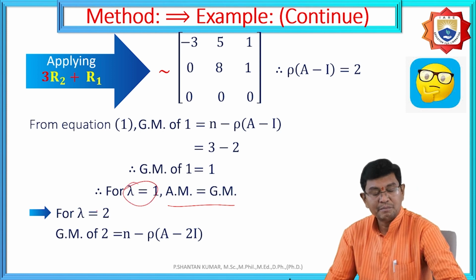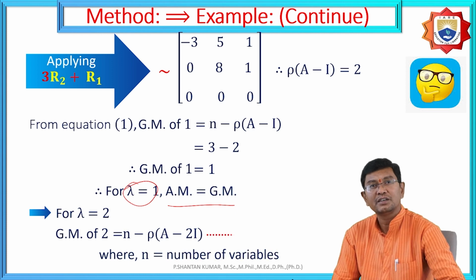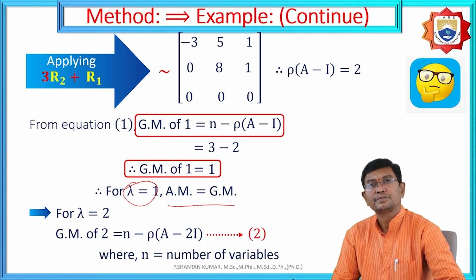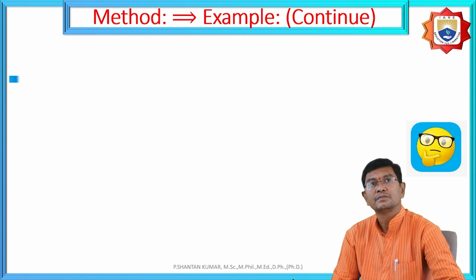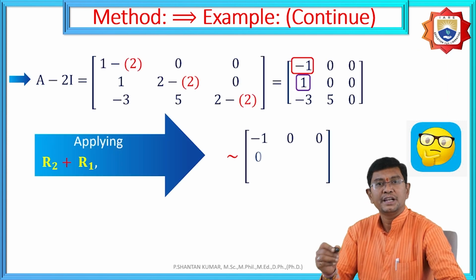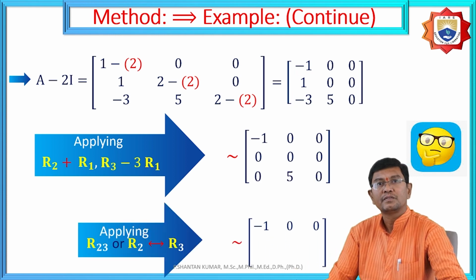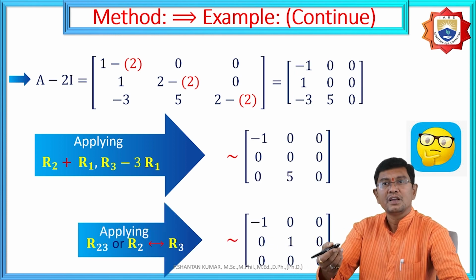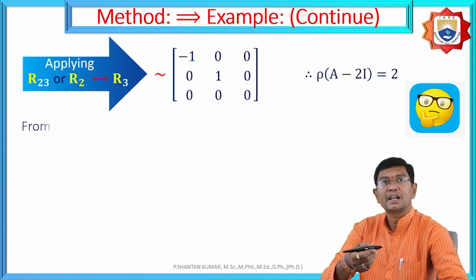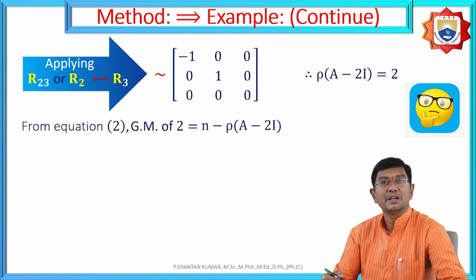But here lambda is equal to 2, and the GM of this, in this problem, by using any Gauss elimination method, reduce to echelon form. After confirming the echelon form, your rank is 2, and GM is n minus rank of A minus 2I, therefore 3 minus 2.